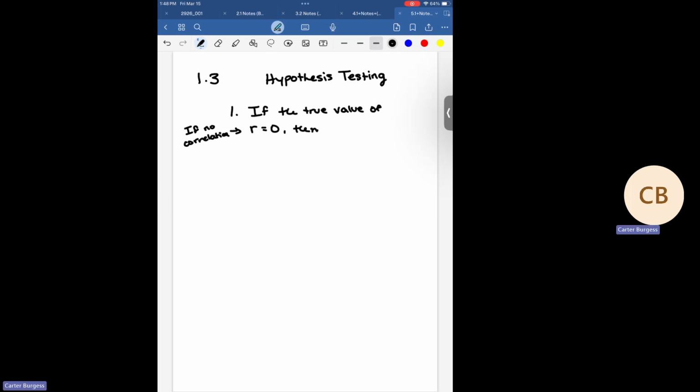then if we were to take a random sample from our data, we should be pretty surprised, or maybe we would be pretty surprised is a better way, to see a sample with a strong correlation.